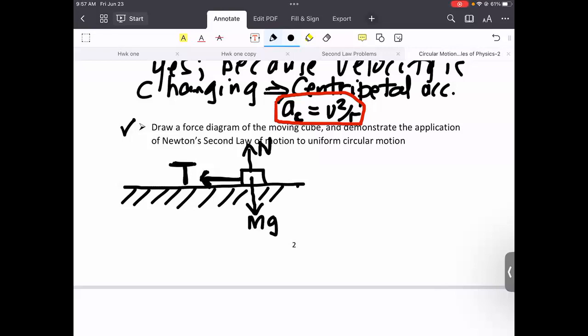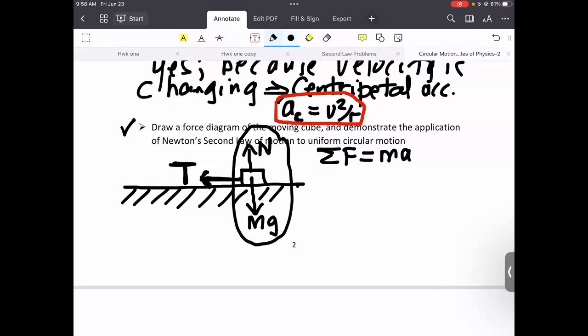Now, if we want to apply Newton's second law to this problem, we are going to write the net force must be equal to mass times acceleration. I'm going to focus on the x direction because the net force in the y direction is 0, because the object is not moving up and down.